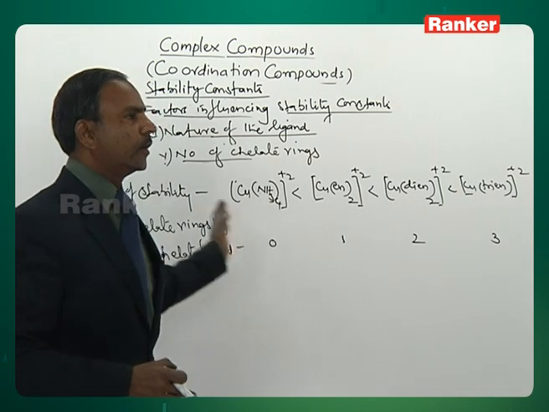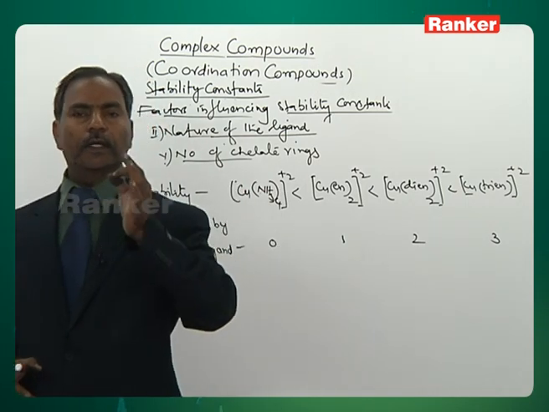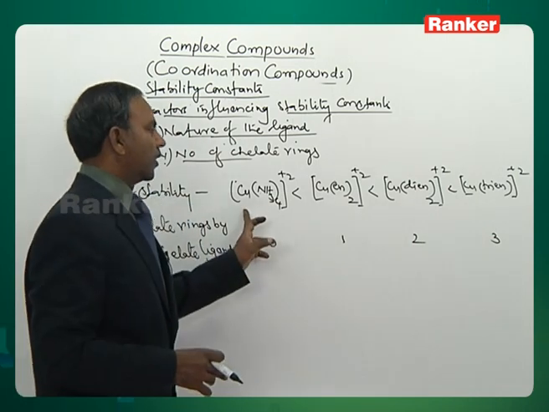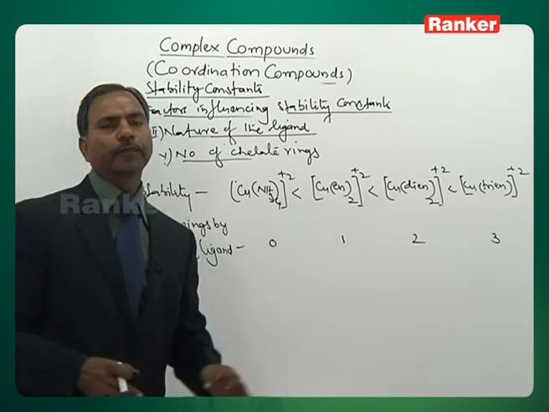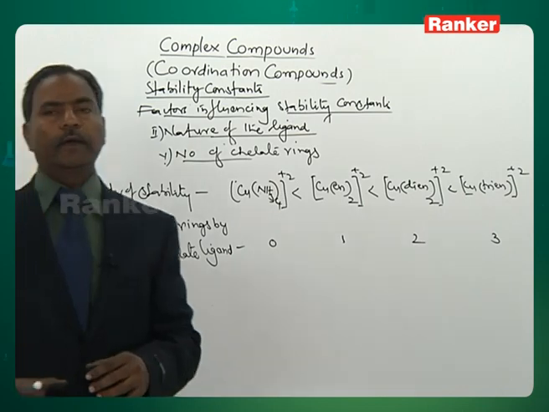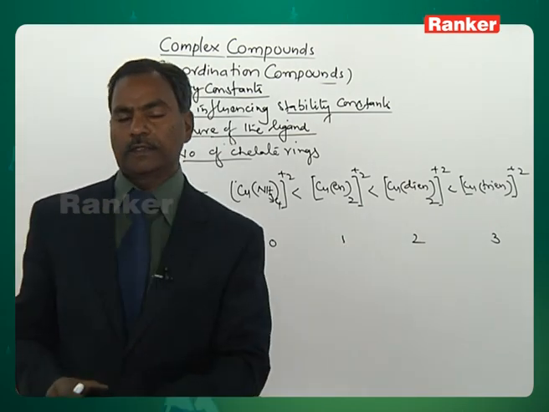Therefore, the greater the number of rings formed by a single chelate ligand, the more stable the complex. This is how the stability constants are influenced by the nature of the ligands.